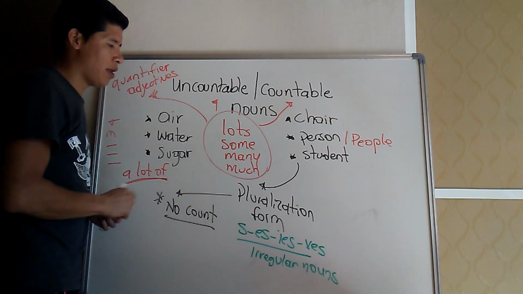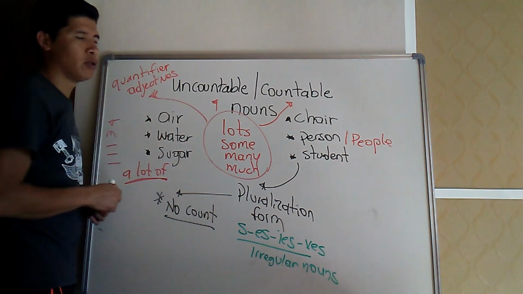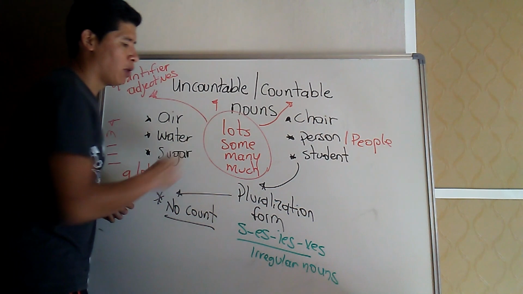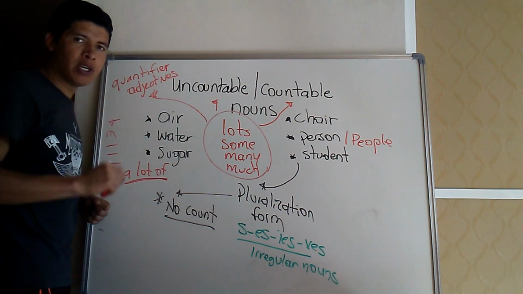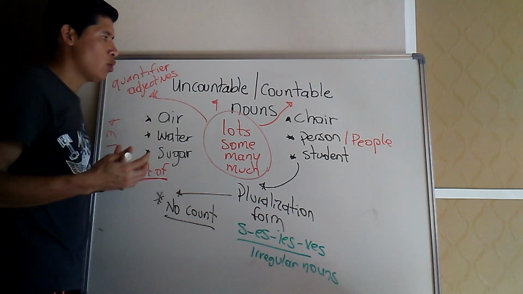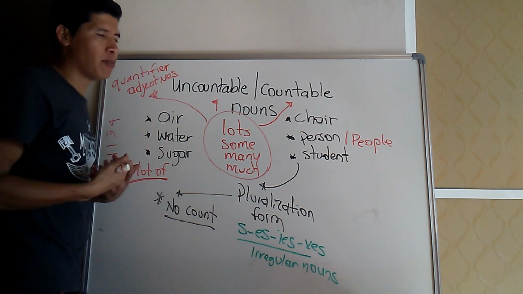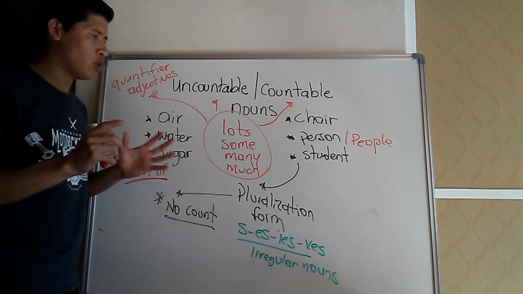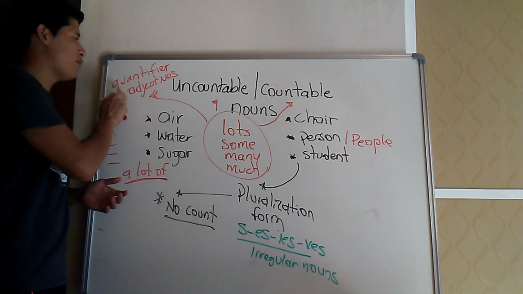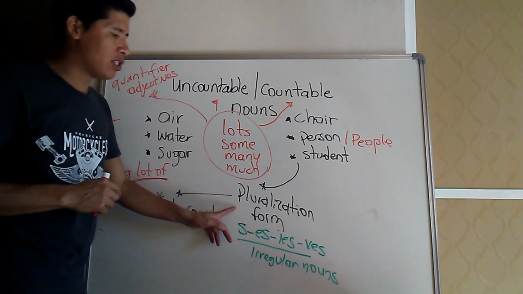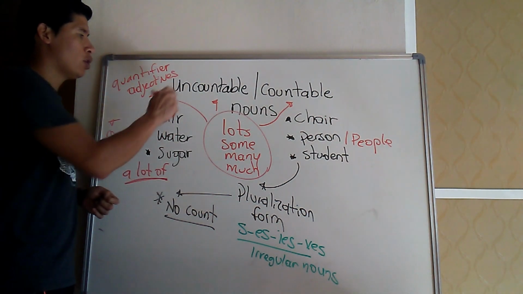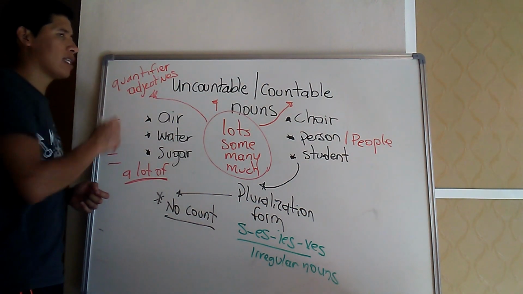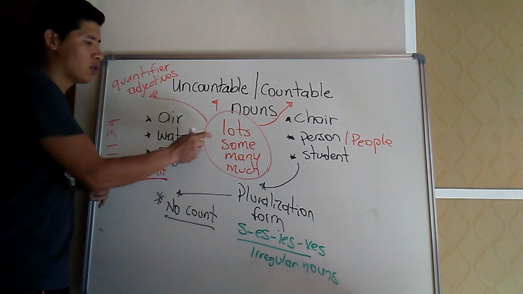It's not correct to say many with uncountables. Many with countables and much with uncountable nouns. That is very important to understand when you use uncountable and countable nouns in English.